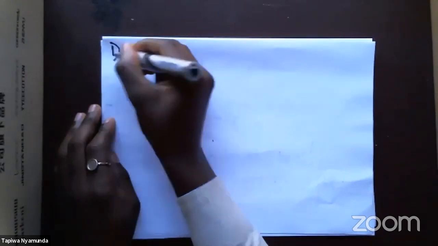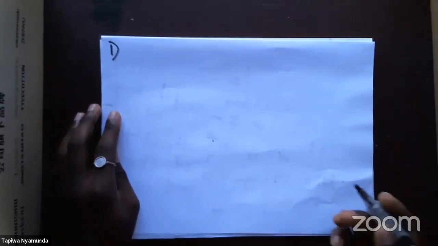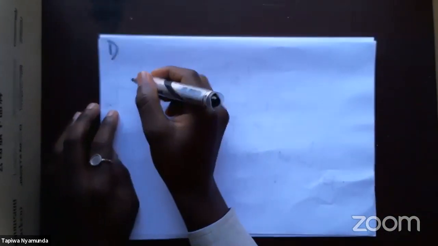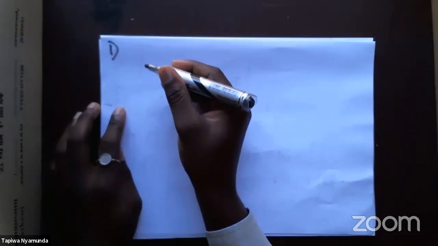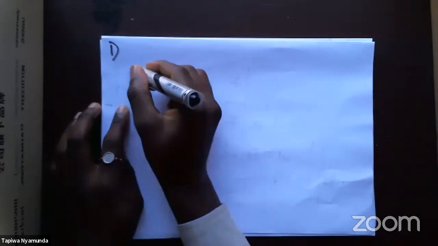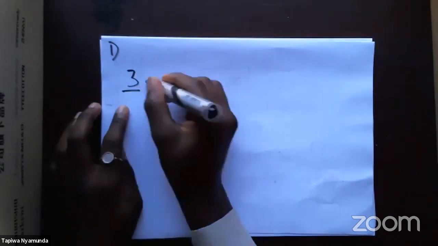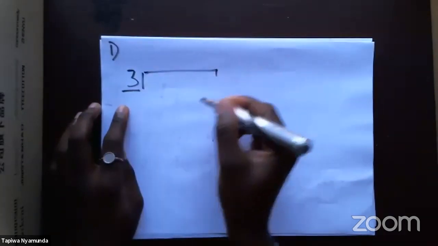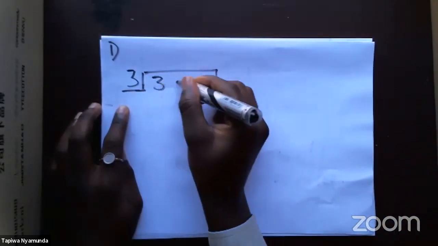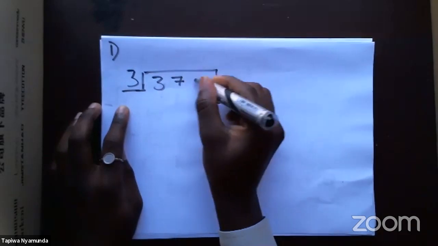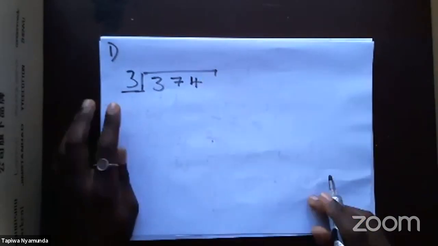Okay, so let's look at this question. For example number one, you are being asked to find how to divide 3 into 374.